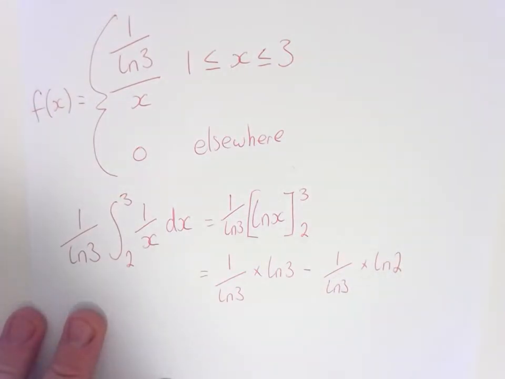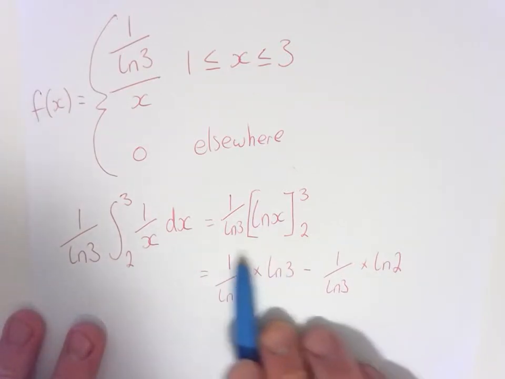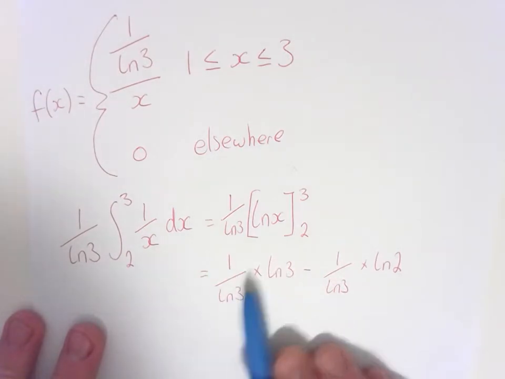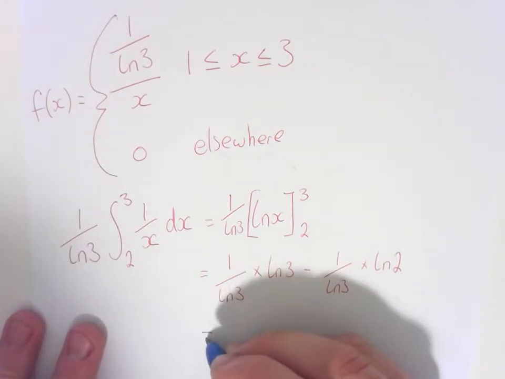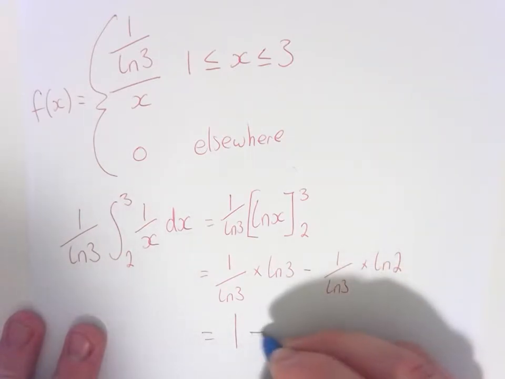You notice I'm using ln of 3 and natural log of 3 interchangeably, they mean the same thing. To simplify, ln of 3 is like saying the natural log of 3 divided by the natural log of 3, which is just going to give me 1. And then this other part we just leave as is.